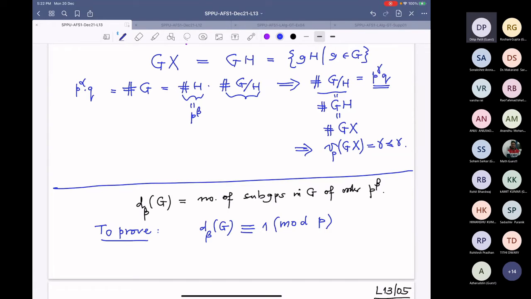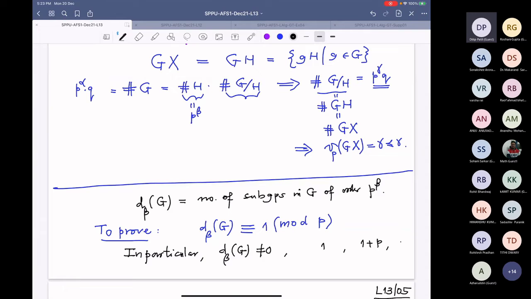So if you prove this, what do you infer? In particular, d beta G is non-zero. In fact, it is at least 1. So it is 1, or the next possibility will be 1 plus p, and so on.